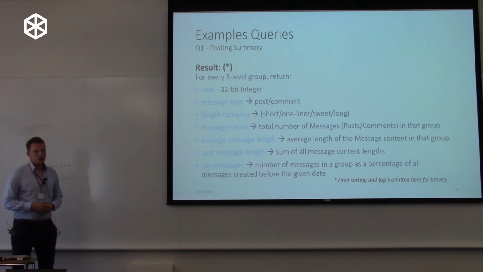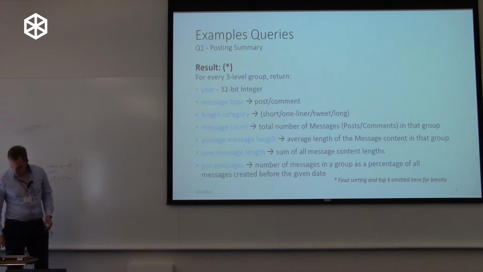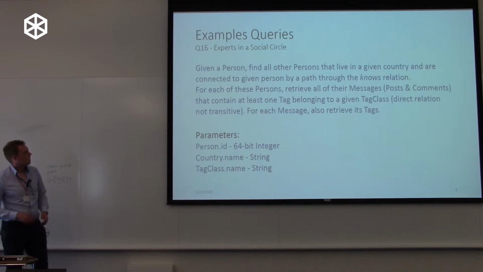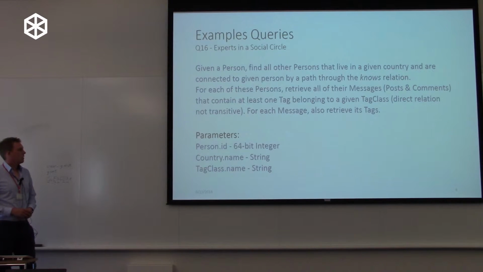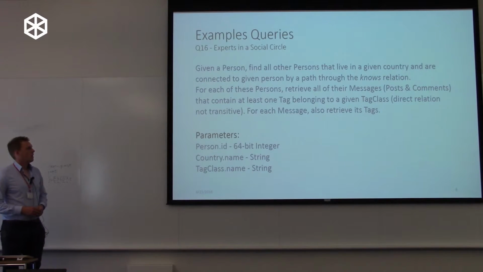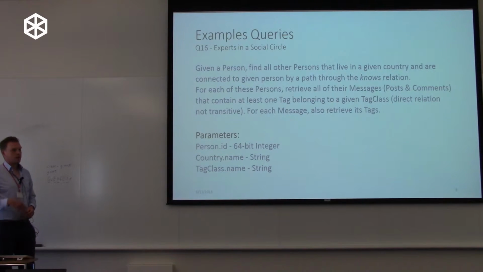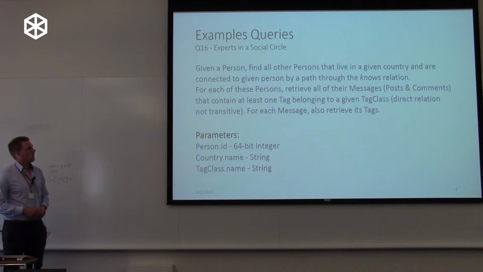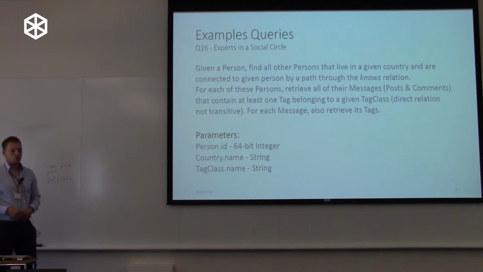So far you might think, okay, this actually looks very relational and not graphy at all, which is why I chose another example that is more graphy. Here the input parameters are a person, a country, and a tag class. Given a person, find all the other persons that are living in the given country and are connected to the given person by a path through the knows relation.